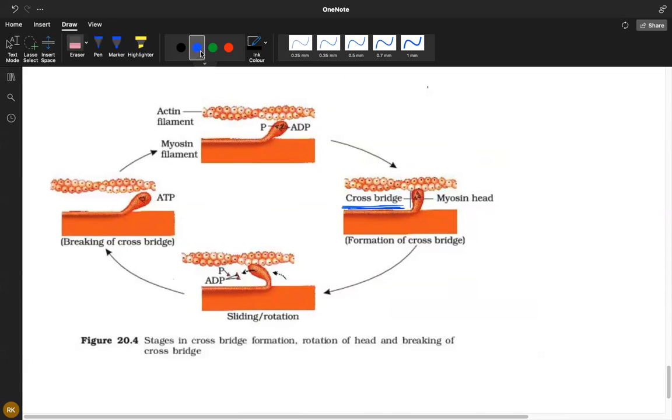There is a 90-degree angle between the myosin head and the actin filament. Now what happens after this is that, due to this binding, the attached actin filaments are pulled towards the center of the A band.